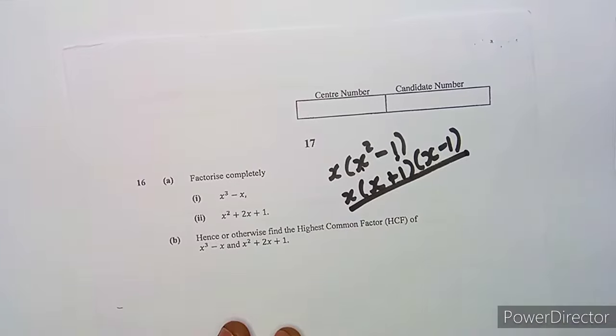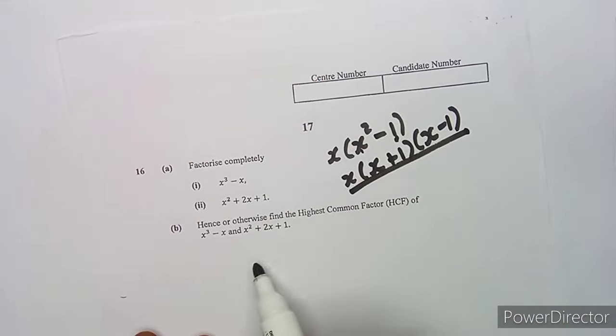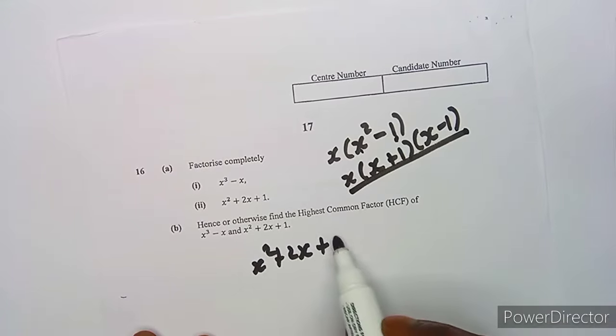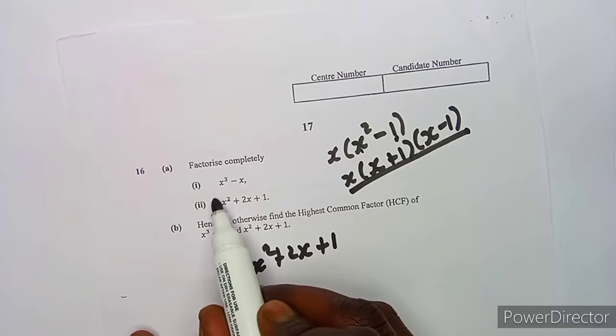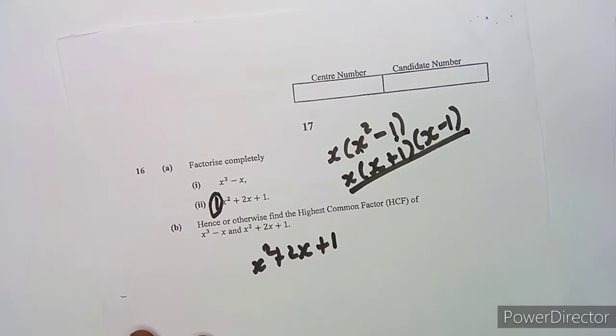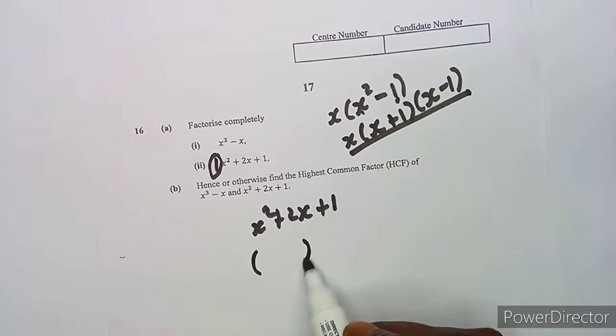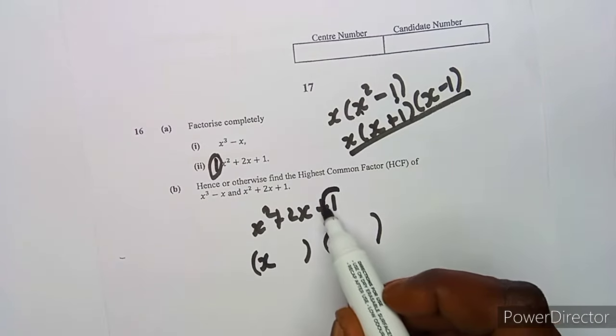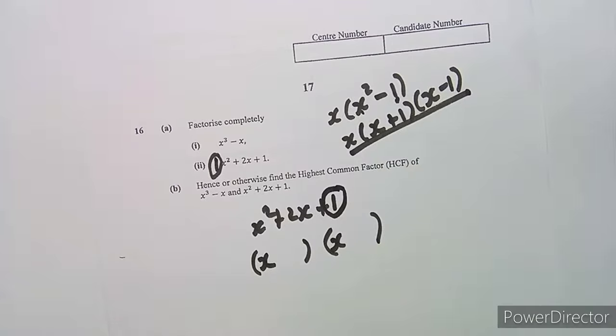Then we move on to x squared plus 2x plus 1. So this one, guys, take advantage that the coefficient of x squared is 1. Even if you cross-check here, it only has 1 mark, because they know that you can simply put it into brackets when the coefficient of x squared is 1. Then, one bracket, other bracket, you put x, then you focus on this constant term, which is 1.